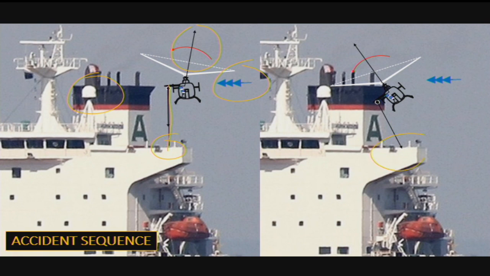As they winched, whether it hooked up or not on the ship, I don't know, it wasn't established, but whether it hooked up or not, the aircraft then started rolling to the right, in other words drifting to the right hand side, and actually struck. That's the first point where it struck.